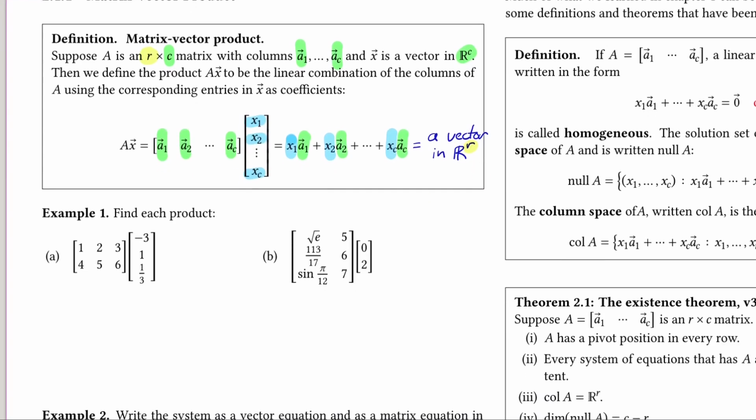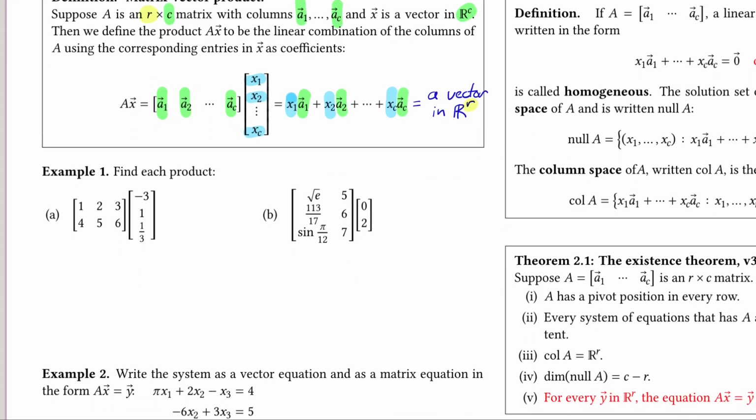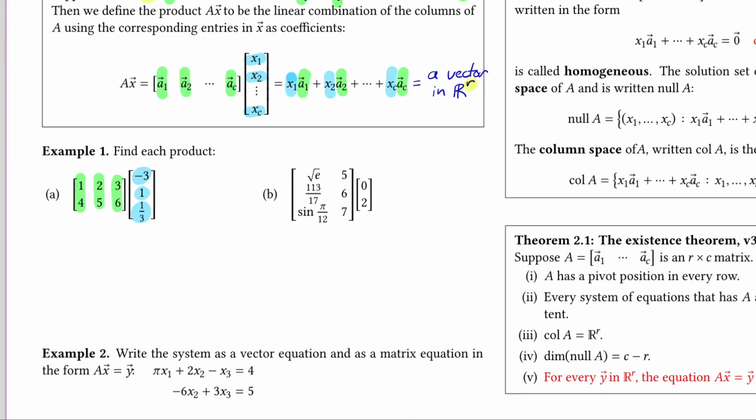Okay, let's look at an example. Here we have the columns are the vectors (1, 4), (2, 5), and (3, 6). And these are the three entries in X that we're going to multiply them by. So that gives you -3 times (1, 4), plus 1 times (2, 5), plus 1/3 times (3, 6).